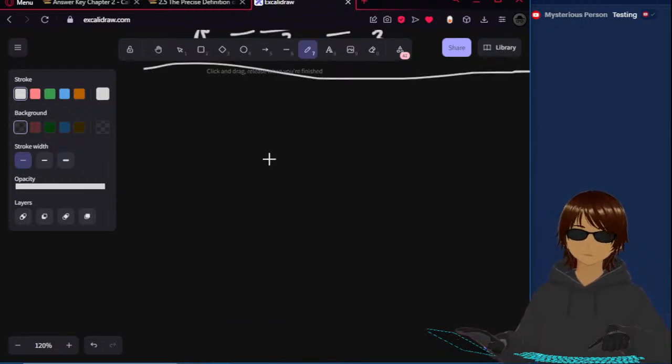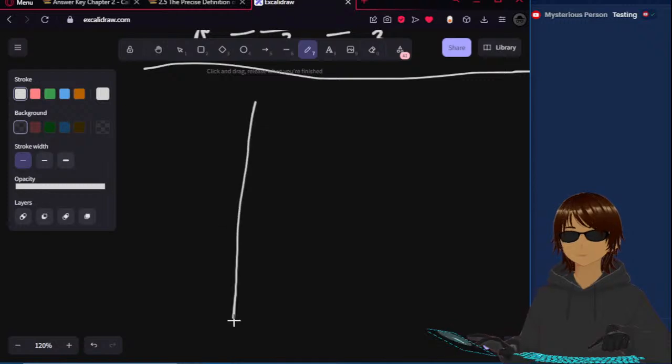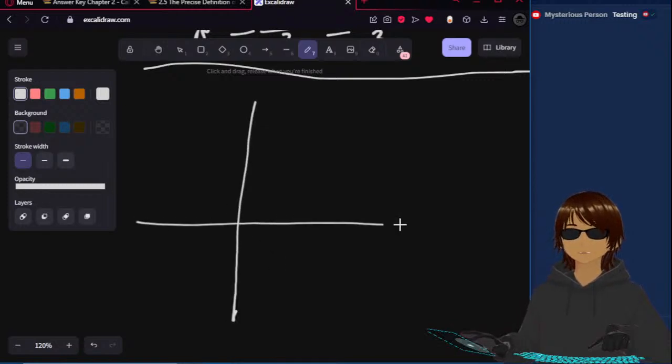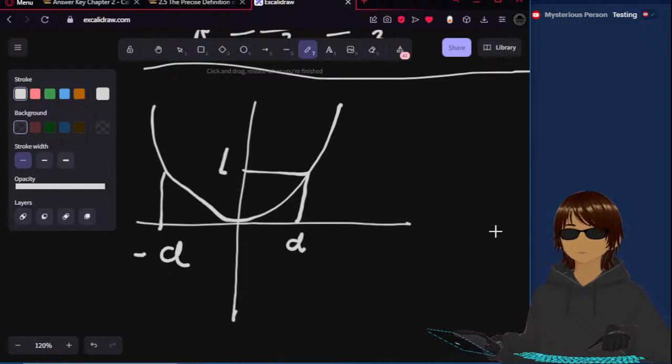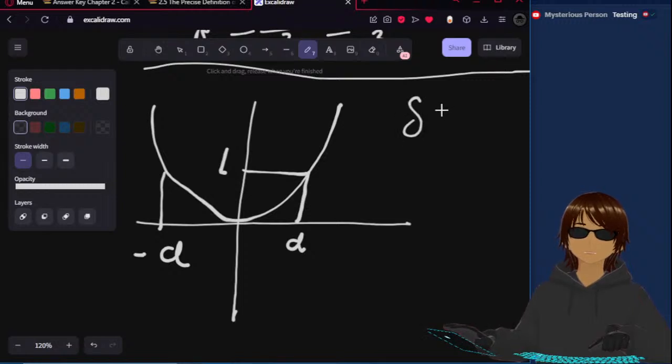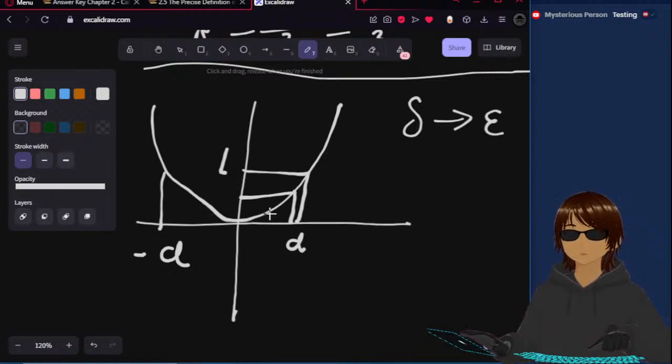What I'm thinking is, if you have a function like this, you have L, A, and over here negative A. Let's say delta implies epsilon, so some difference over here would imply some difference over here.